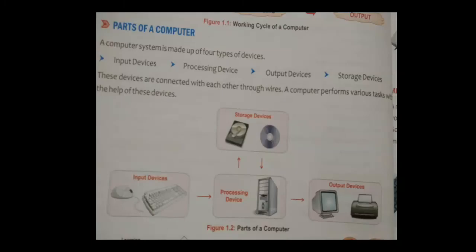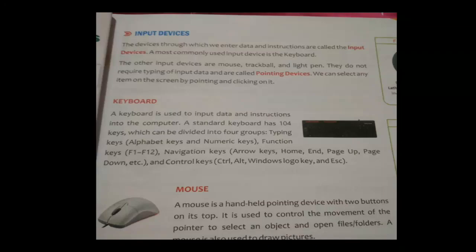When we talk about the parts of computer, there are four parts: input devices, output devices, storage devices and the processing devices. We know that computer is an electronic device. It has no IQ, so it needs instructions. We users enter the data and it accepts the instruction using the input device.